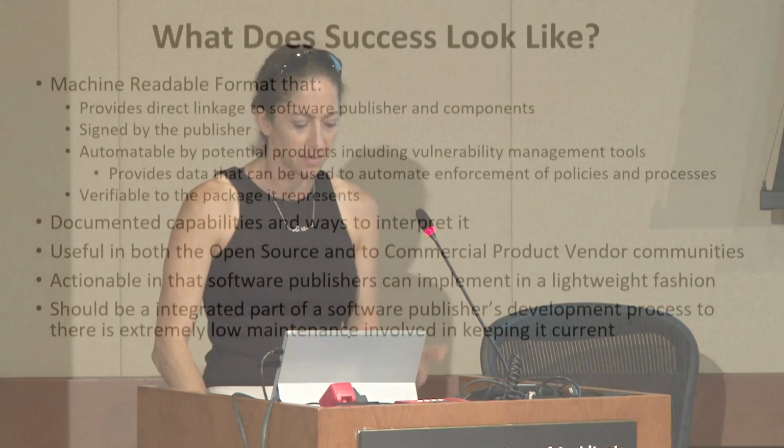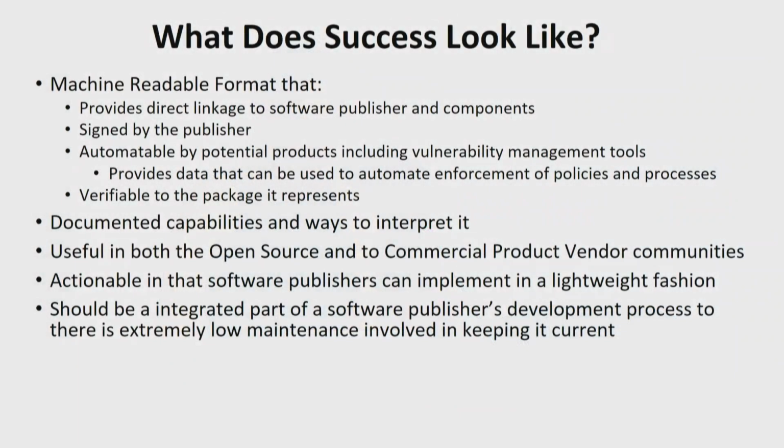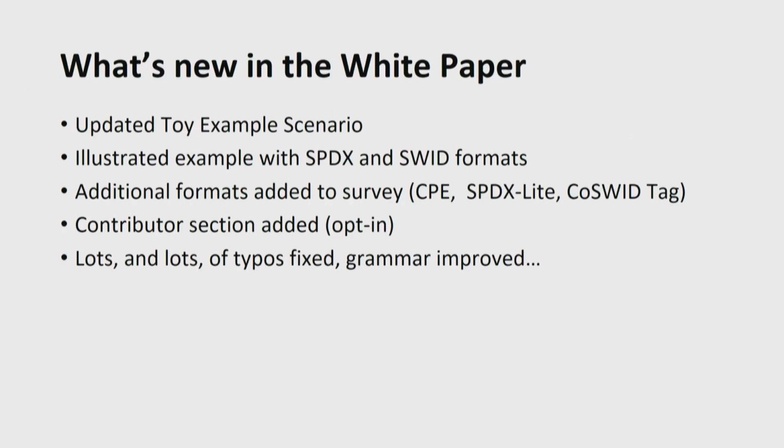So we want to look at solutions that can disseminate throughout the supplier base, and also things that can integrate into the software development process. So rather than being an afterthought, how can we look at solutions and formats that can be produced automatically as an artifact of the software development process?